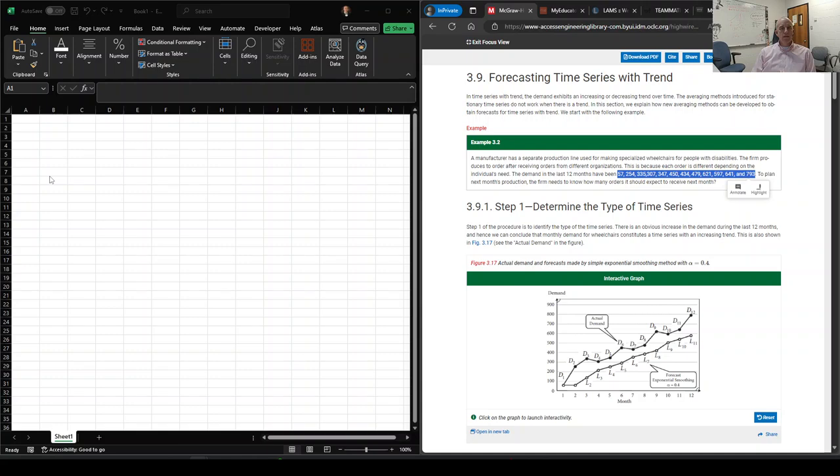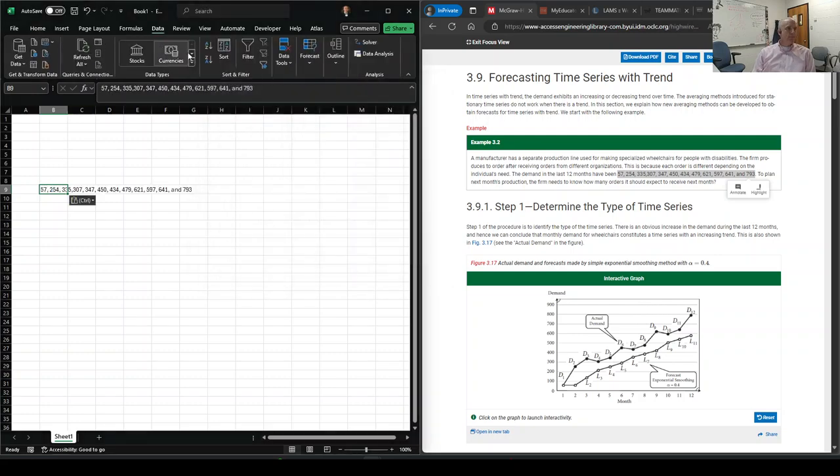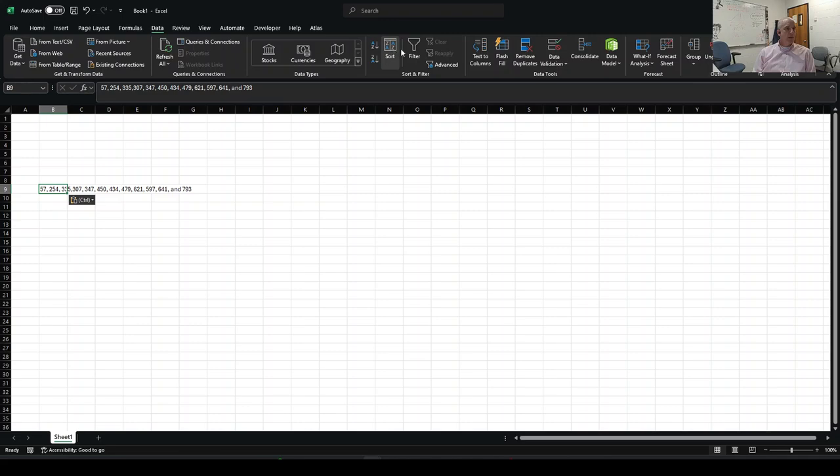So let's come in here and let's see if we can create some forecast. I could type this in, but I'm going to try to do some text to columns.